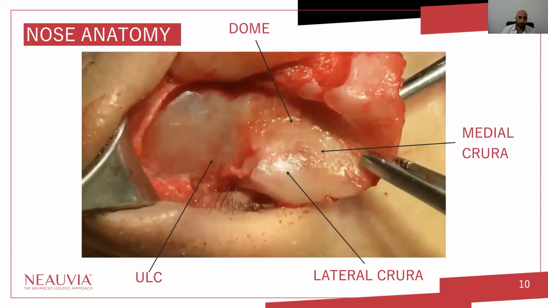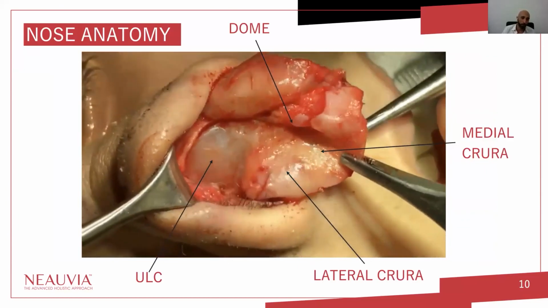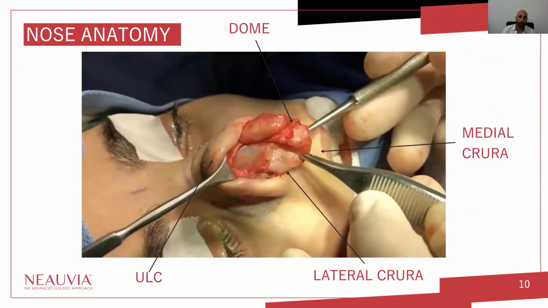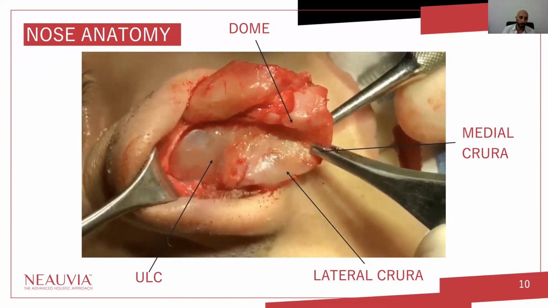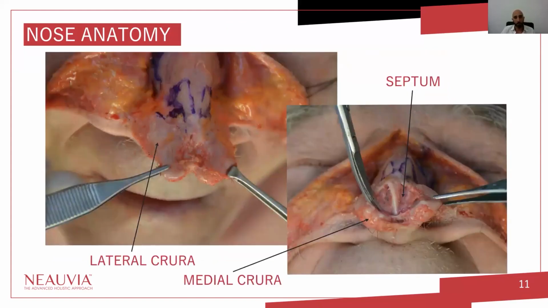We can see that the cartilages are also connected to each other, like in this case, where we're looking at the connection between the ULC and the lateral crura thanks to the so-called scroll ligament, or for example, in this case, just detaching the ligament between the medial crura, we can see the septum.